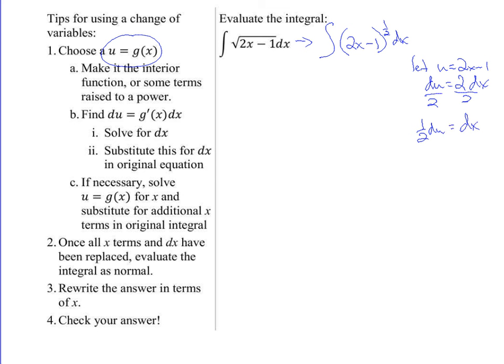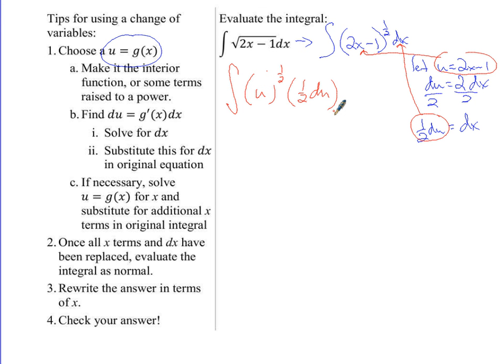So this right here goes in right there, and this right here goes in right there. I substitute that stuff in. Now I'm changing my variables. So the integral of 2x minus 1 turns into u to the 1/2. Then dx turns into 1/2 du.